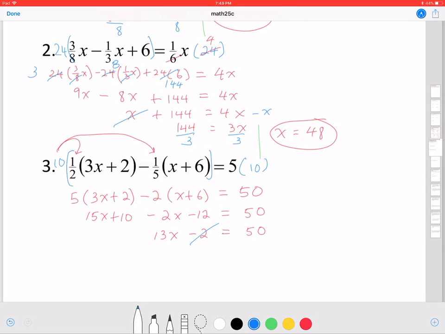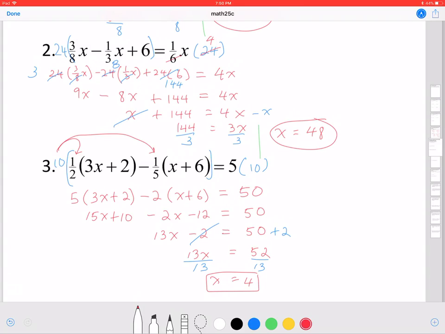Add 2 to both sides, so 13x is equal to 52. Divide by 13, and x is equal to 52 divided by 13, which is 4. And that should be it.